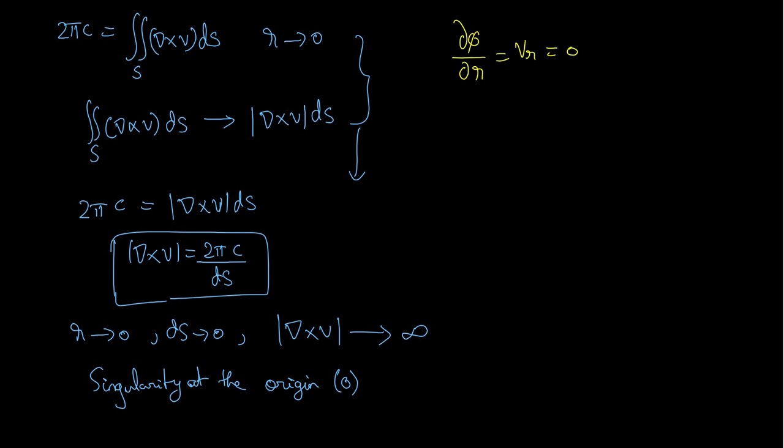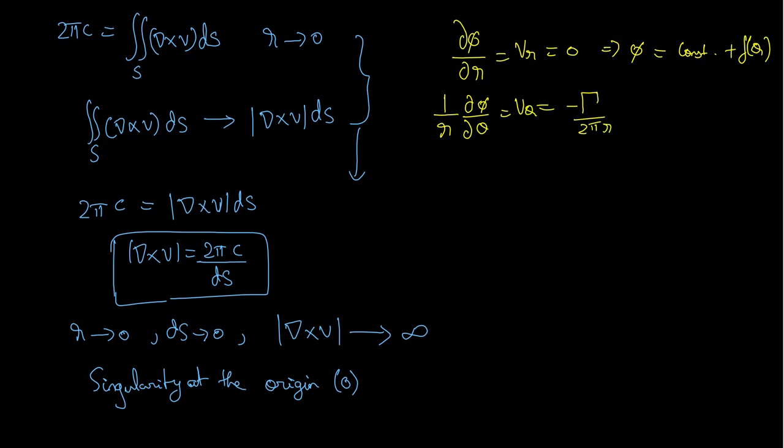Sorry, this implies φ is some constant plus a function of theta. And I have the other equation, which is 1/r ∂φ/∂θ, which is my v_θ, which is non-zero, given by minus Γ/(2πr).